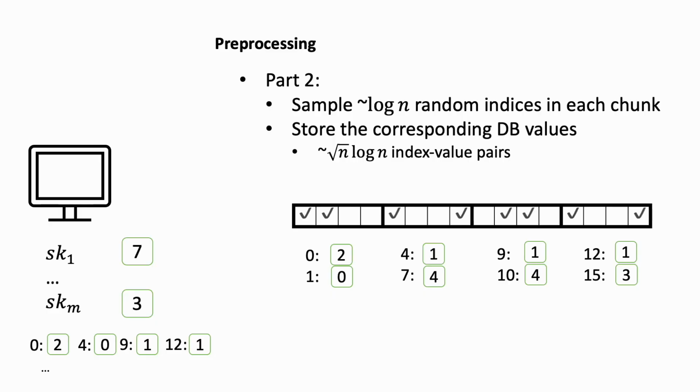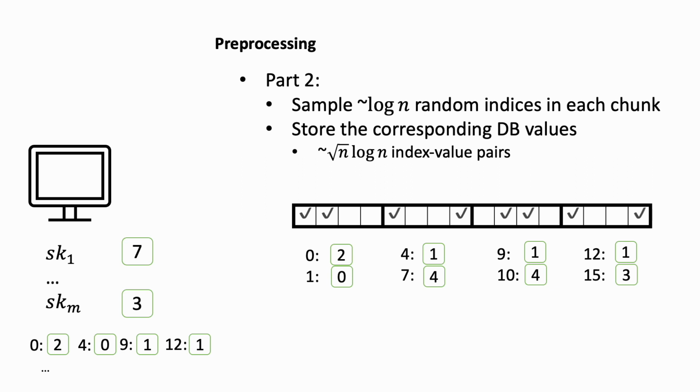And the second part of this pre-processing is that the client needs to sample log n random indices in each chunk, and it also stores the corresponding database values alongside those indices. So in total, because we have √n chunks, there are going to be roughly √n log n index-value pairs.